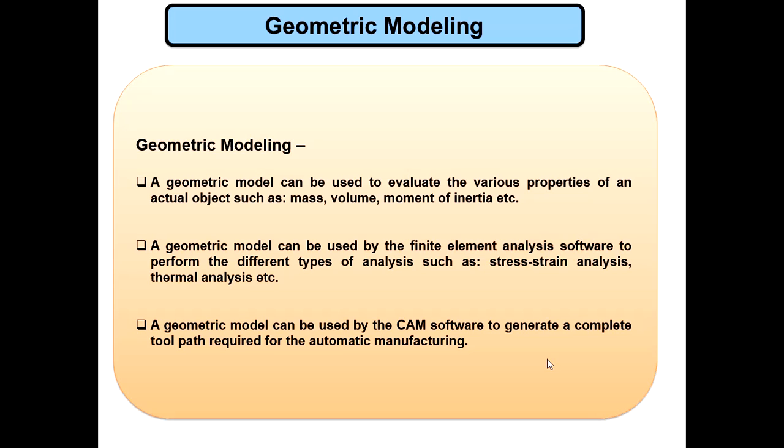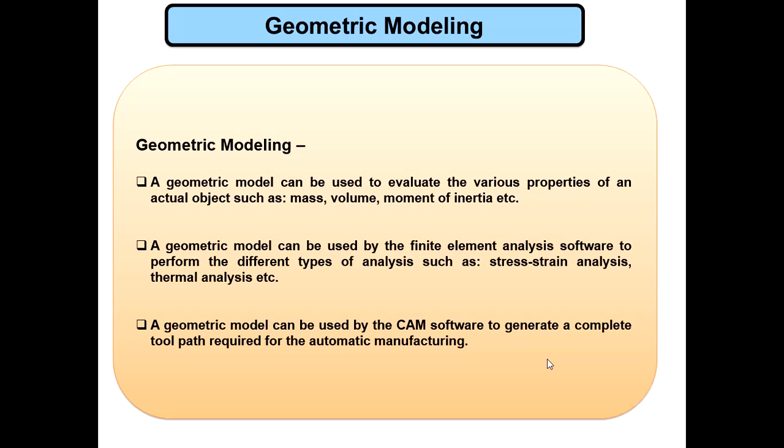The geometric model can then be used in the CAM software to generate a toolpath for automatic manufacturing. Nowadays a lot of manufacturing is done by machining centers. We have the horizontal machining center and the vertical machining center.